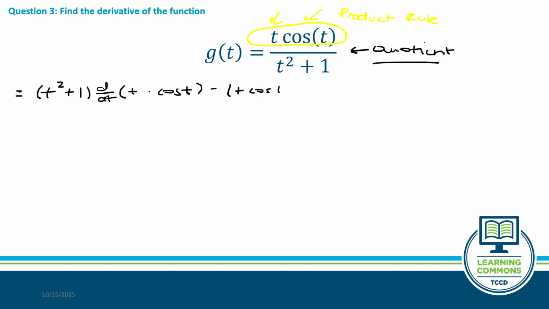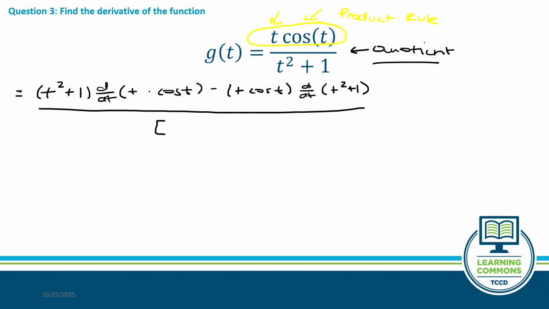High d low, d cosine t, 1, all over low squared. Okay. I'm going to do product rule in purple, as I think it's easy to see. But first, let's start rewriting a couple things. So t squared plus 1. Okay, now product rule.